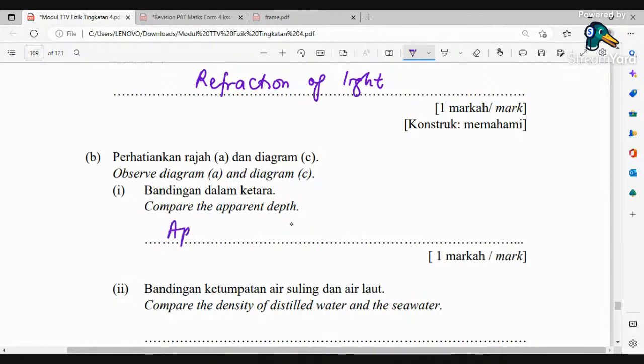Apparent depth in A is more than in B. Okay, it's longer. Okay, it's higher pun boleh.